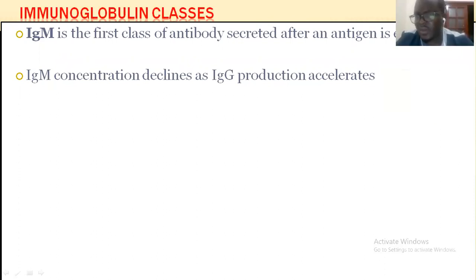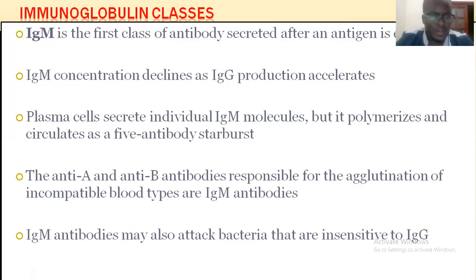When you're looking at the primary response, the first immunoglobulins that will be produced are IgM, then later on IgG. So the IgM concentration declines as IgG production accelerates. Plasma cells secrete individual IgM molecules, but they polymerize and circulate as a five-antibody star-shaped molecule.